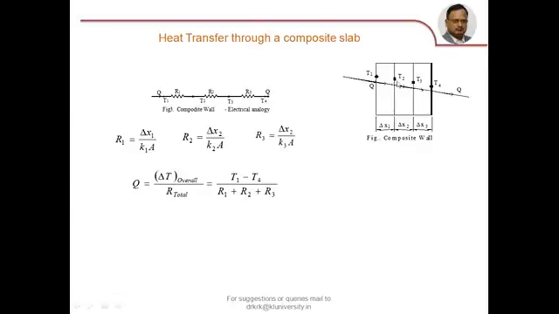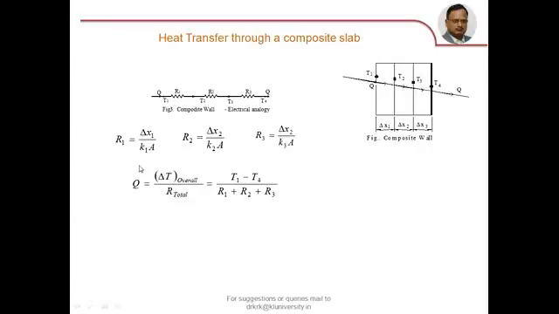Because it is a slab, the resistance R1, conduction resistance for a slab, is given by the thickness delta X1 by K1, thermal conductivity of the material, into A. A is the area normal to the direction of heat flow perpendicularly to this surface.